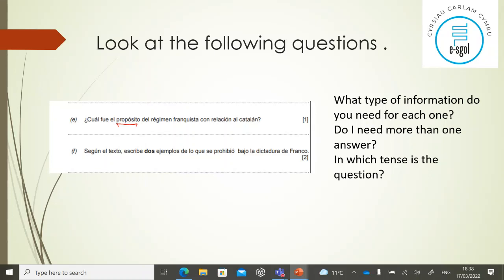Según el texto, that's according to the text, escribe dos ejemplos de lo que se prohibió bajo la dictadura de Franco. According to the text, write down 2 examples of what was forbidden under Franco's dictatorship.